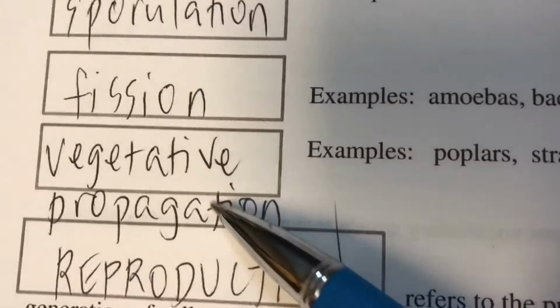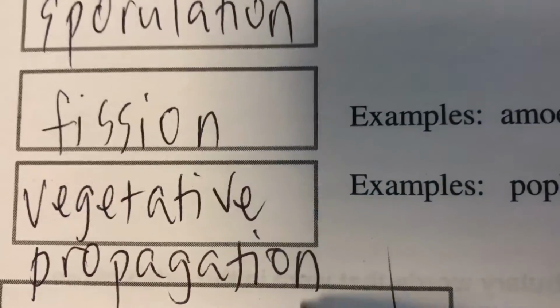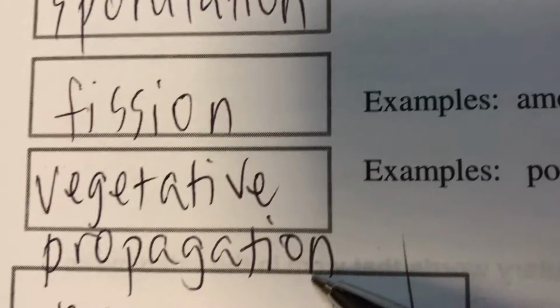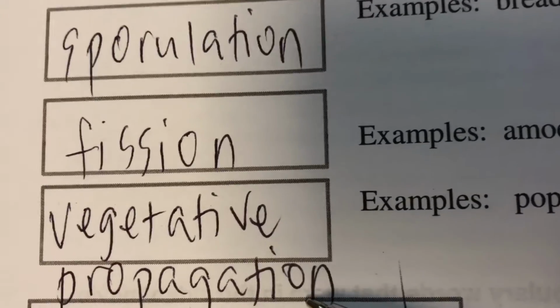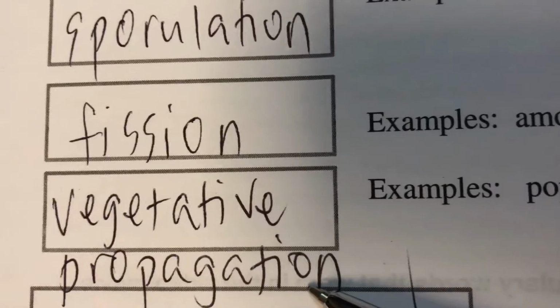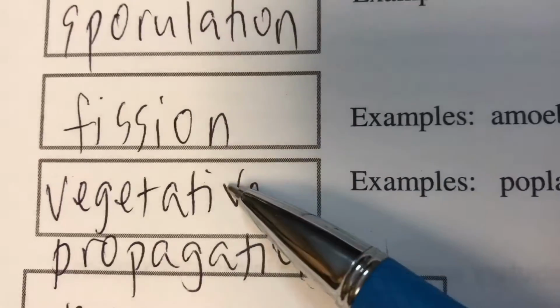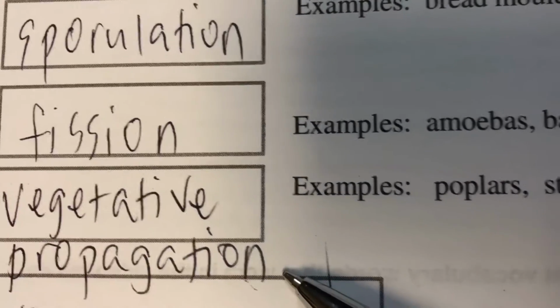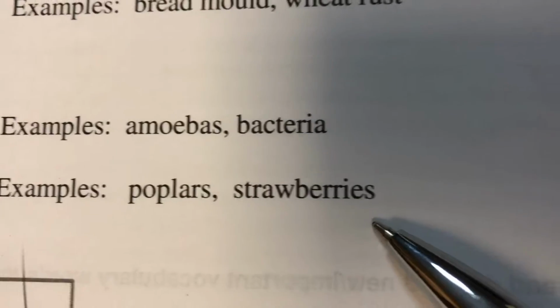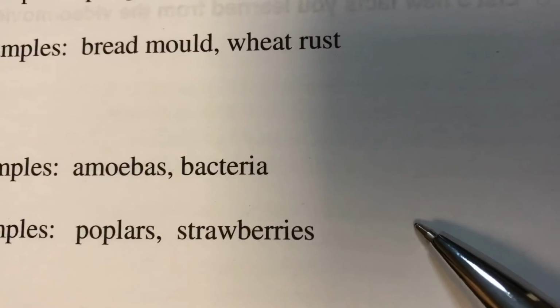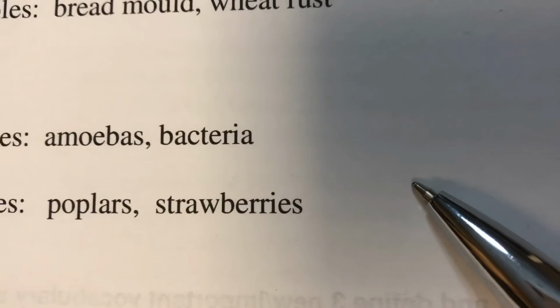Next, vegetative propagation, and we'll have a Google assignment based on this later on. But for now, write down vegetative propagation. Examples would be poplars, strawberries, and some other plants.